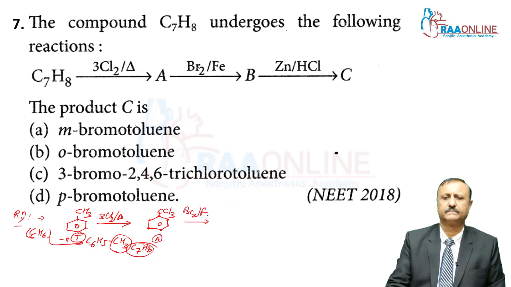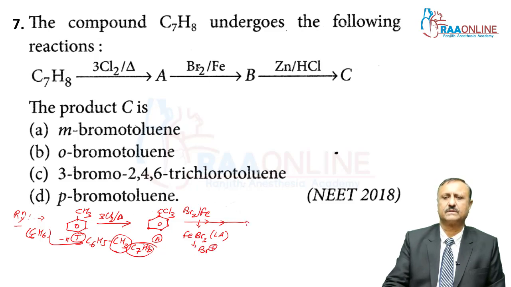bromine and iron. No doubt, in iron, my dear students, FeBr3 is formed. Bromine reacts with iron, then FeBr3 is formed, and this FeBr3 acts as a Lewis acid. This Lewis acid further reacts with bromine to produce the bromonium ion.